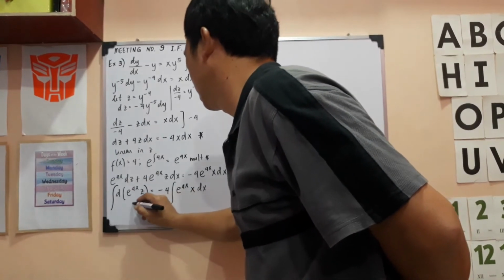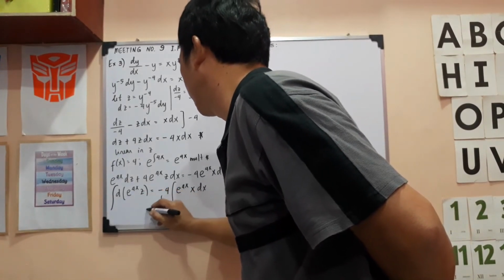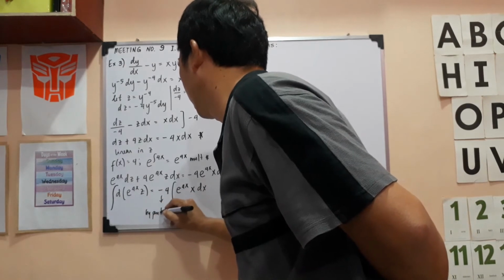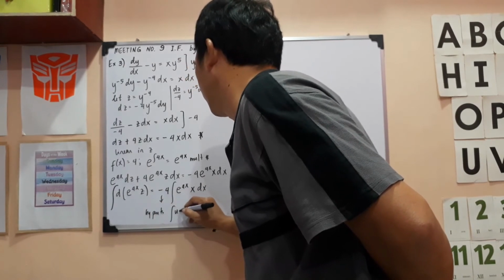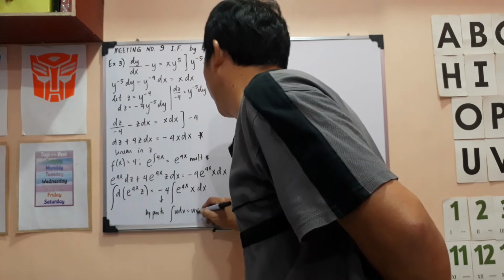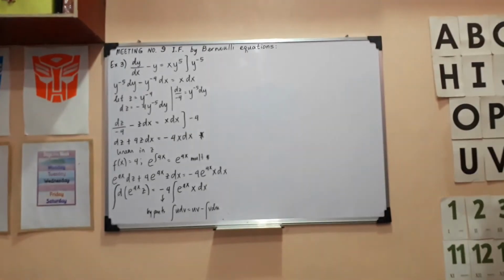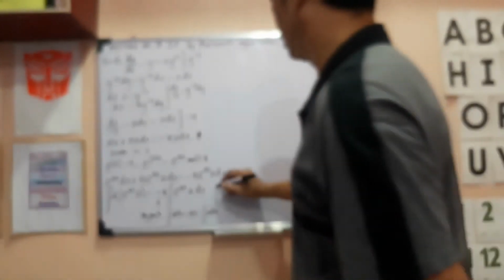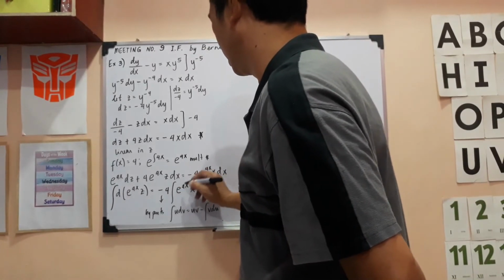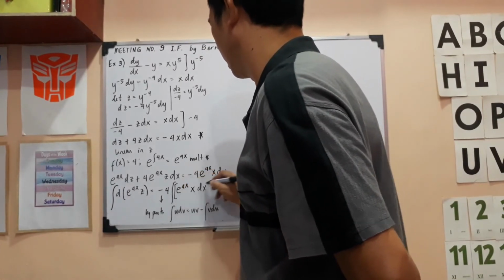So this is by parts. Ano nga ulit yung by parts? The integral of u dv is equal to uv minus integral of v du. Okay? So ito na lang ang problema natin.